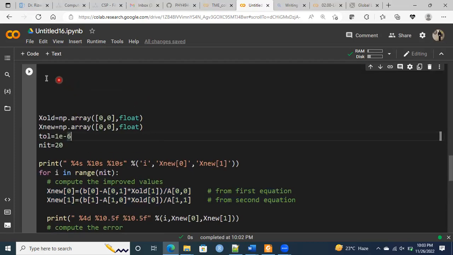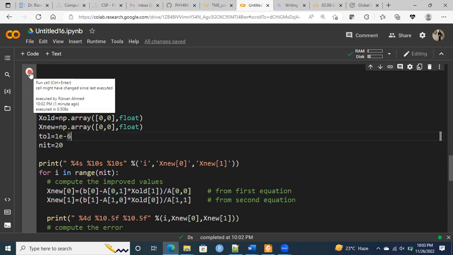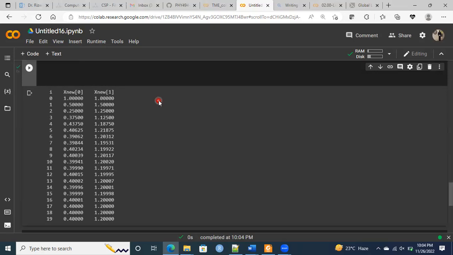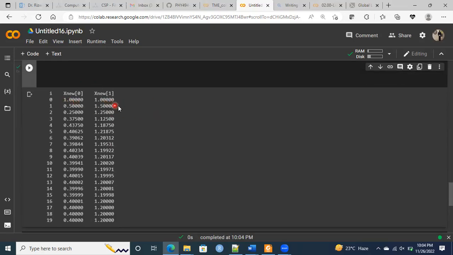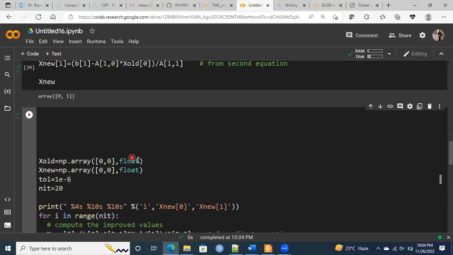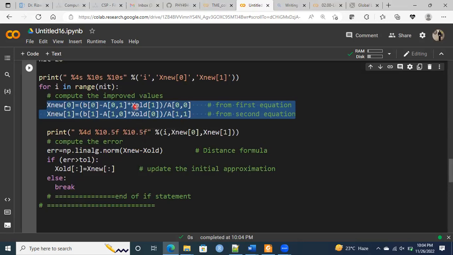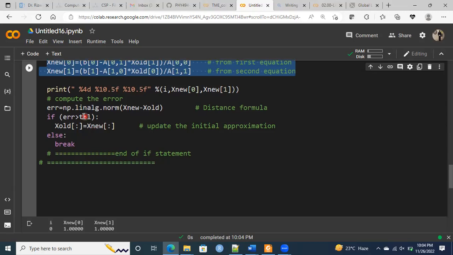So once again, if I run this program that we built explicitly, from 0, 0, the initial approximation x old, we compute a new value by Jacobi method, keeping the old values on the right hand side and getting a new value on the left hand side.